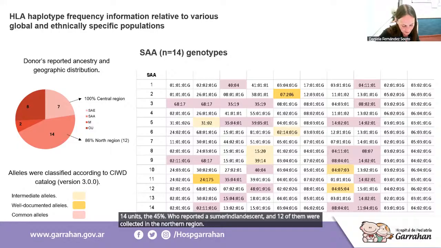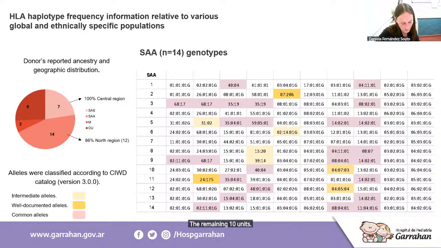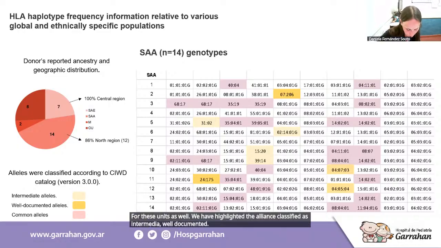The remaining 10 units had mixed or unknown ancestry. 2 were a mixture of Amerindian and European ancestry, and 8 had other or unknown origins, 6 of which include some Amerindian component. For these units as well, we have highlighted the alleles classified as intermediate, well-documented, and some common, which caught our attention.